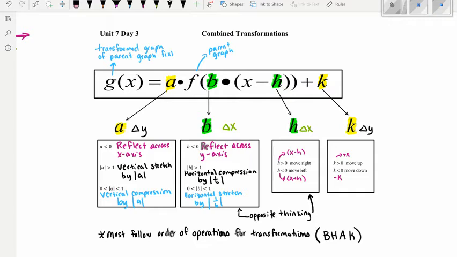So notice we have the variables a, b, h, and k. So on the inside, notice that those are always the horizontal movements, which are the b and the h. So these are horizontal movements, which is why you see I have the change in x there. And on the outside, the a and the k, those are vertical movements.